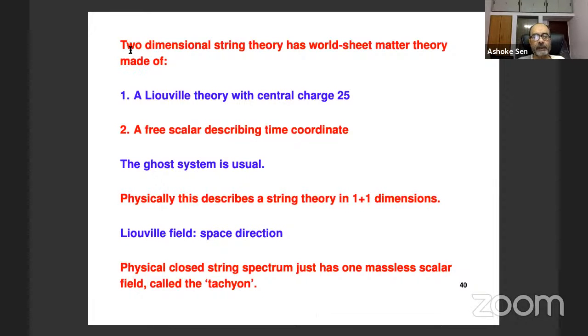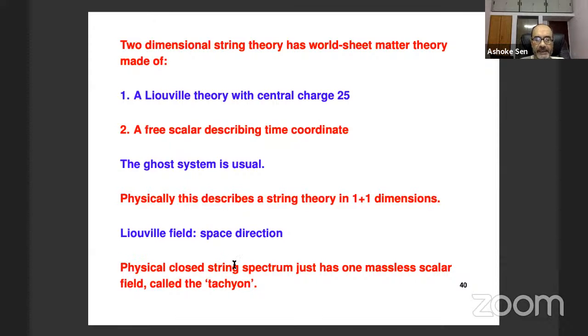Let me remind you that two-dimensional string theory has a world-sheet matter theory made of a Liouville theory with central charge 25 and a free scalar describing the time coordinate. And the bc ghost system is the usual one. Physically, this describes string theory in 1+1 dimensions. The Liouville field describes the space direction, and the scalar field describes the time coordinate.